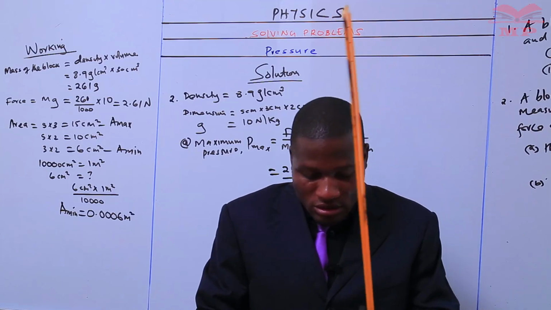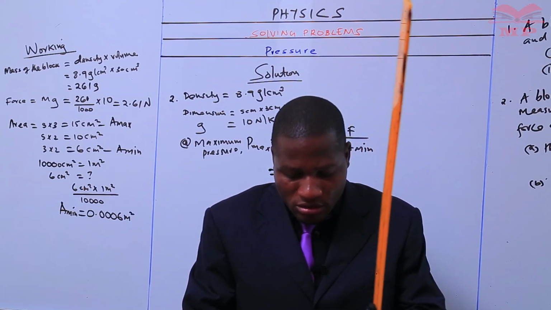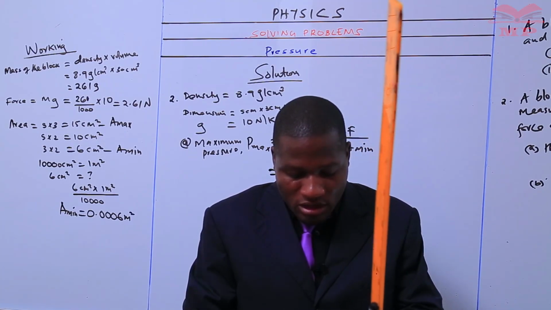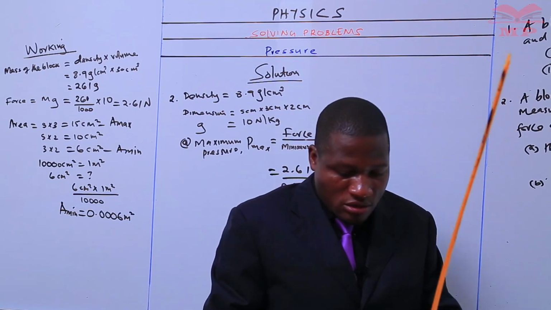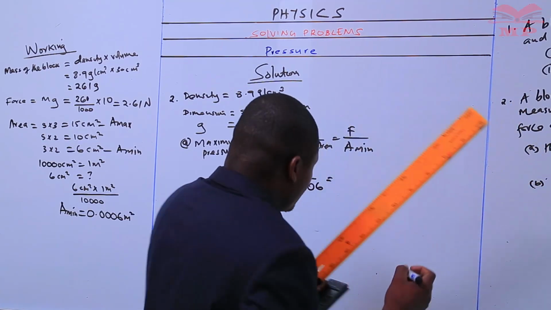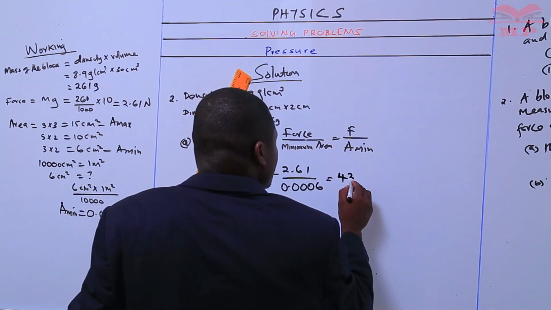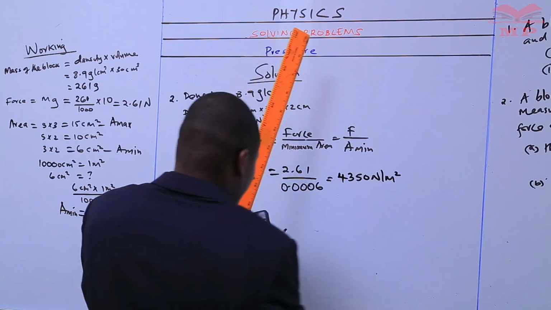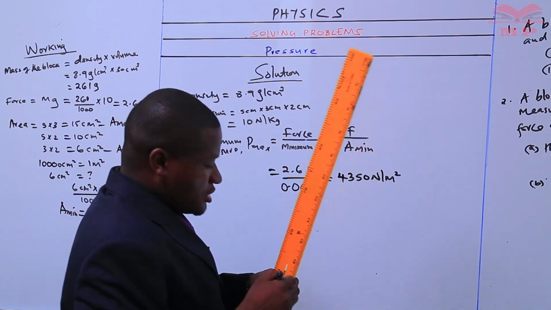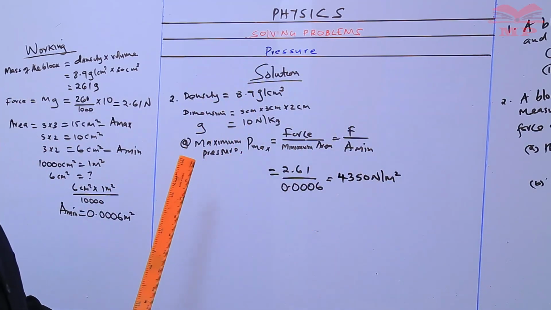So this is 2.61 divided by 0.0006. It is giving me 4350 newton per meter squared. That is the first part of it.